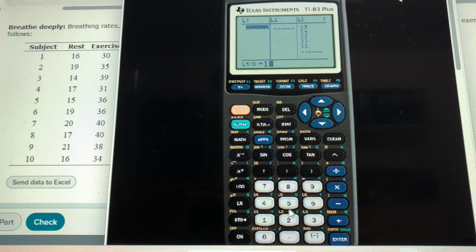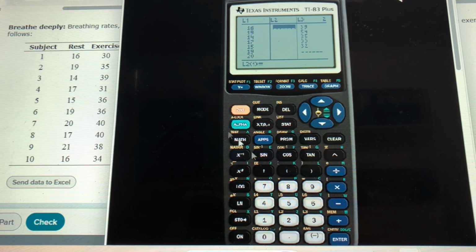So I'll put the list 1 numbers in again: 16, 19, 14, 17, 15, 19, 20, 17, 21, 16. There's all 10 of them.